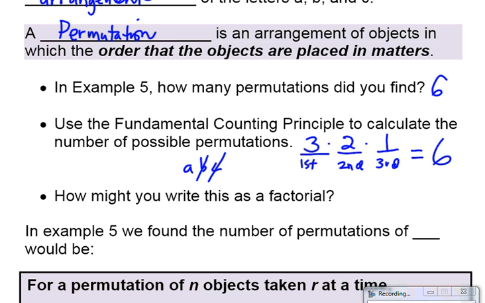So 3 times 2 times 1, how can I write this as a factorial? You're absolutely right. That is 3 factorial right there. So in example 5, we found the number of permutations of 3 would be 6.